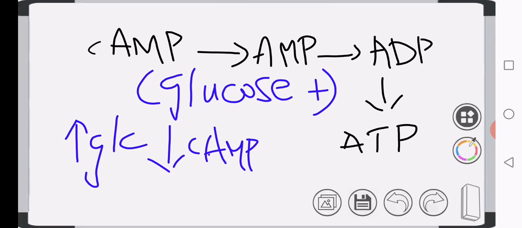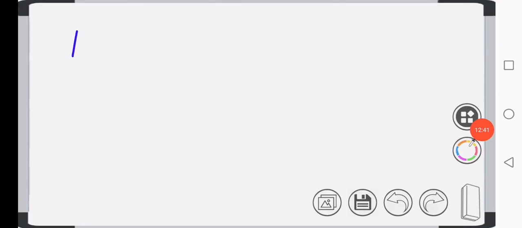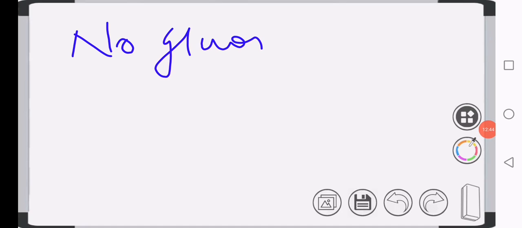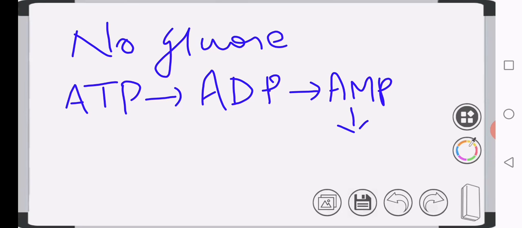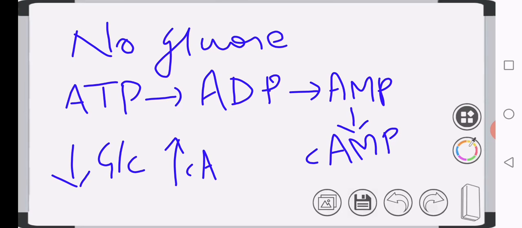That is the relation between the concentration of glucose and cAMP. Similarly, when there is no glucose available, then most of the available ATP will be converted into ADP. That means it will be consumed, and this ADP will be further converted into AMP, and this AMP will be cyclized into cAMP. So this will be the condition when glucose is less available in the system, and that means when glucose is less, usually the concentration of cAMP will be high. So this is the correlation of the concentration of cAMP and glucose.